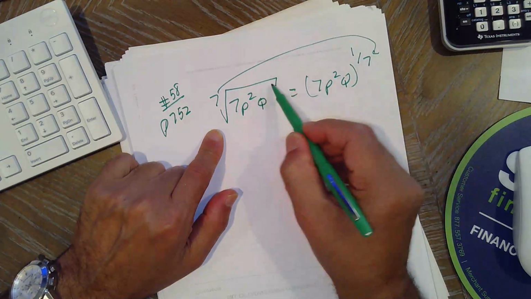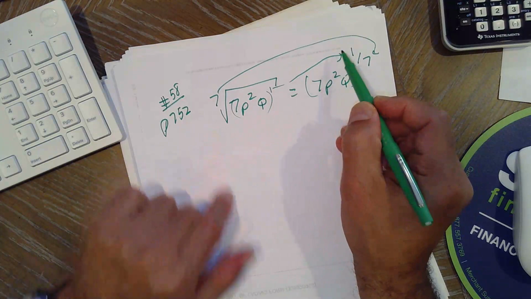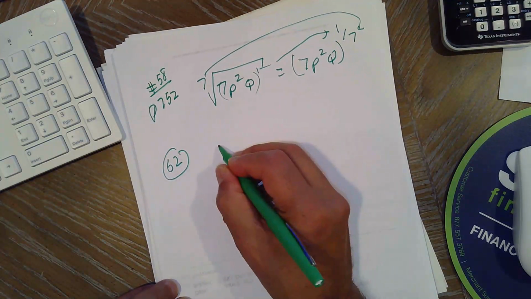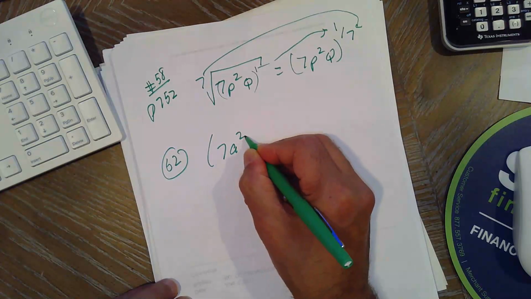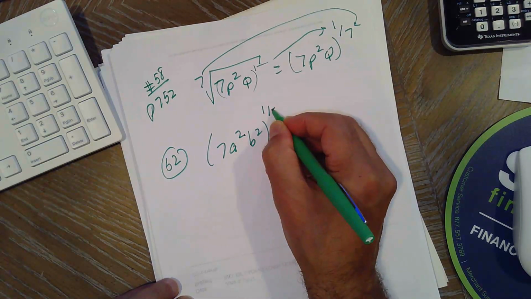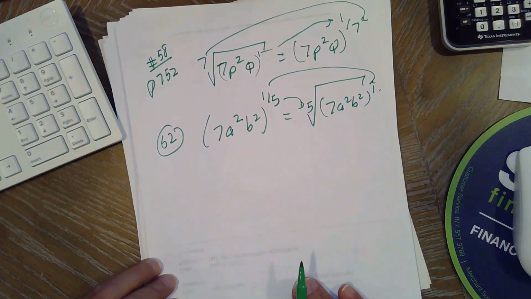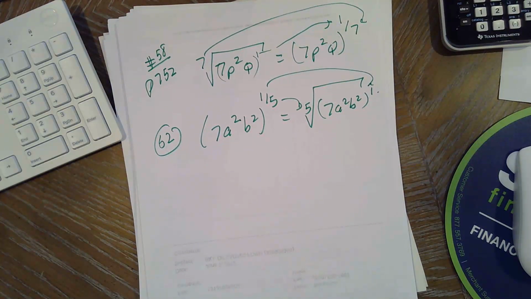That goes to the bottom, and a 1 goes to the top. Now in 62, you have the exponent. They want you to write it as a radical expression, so the bottom is the index and the top is the power, so that's a 1, which we don't really need to put, but I put it anyway.